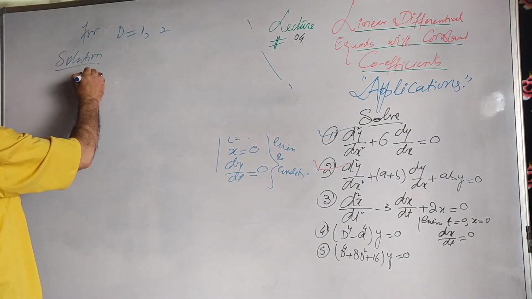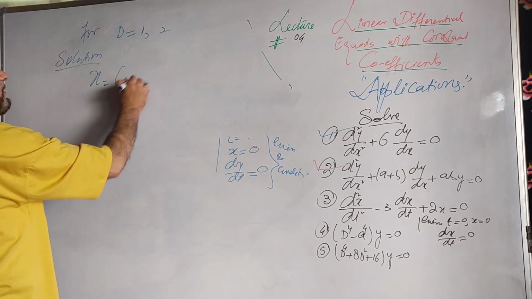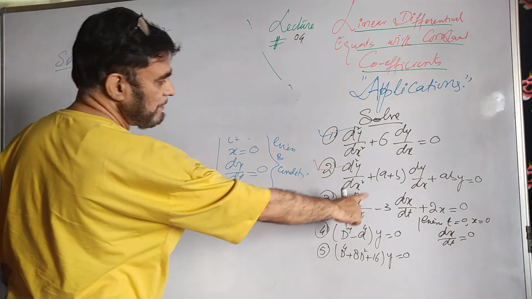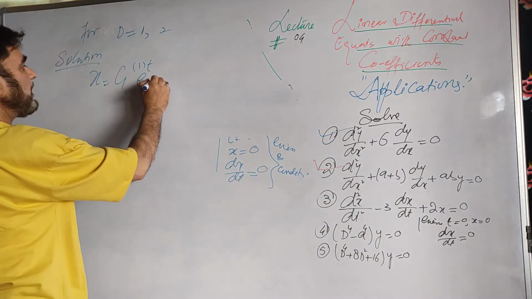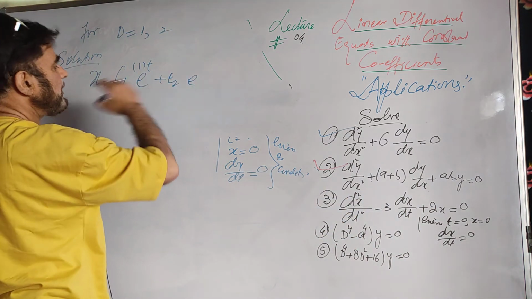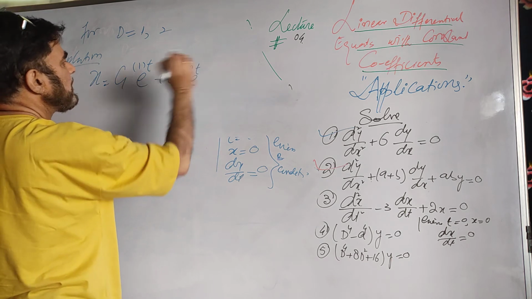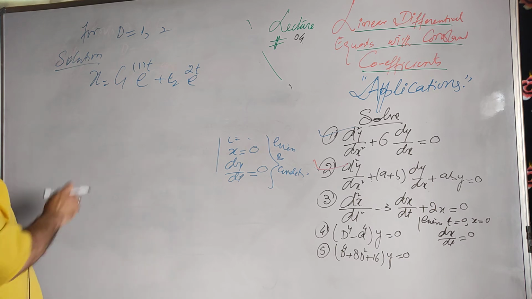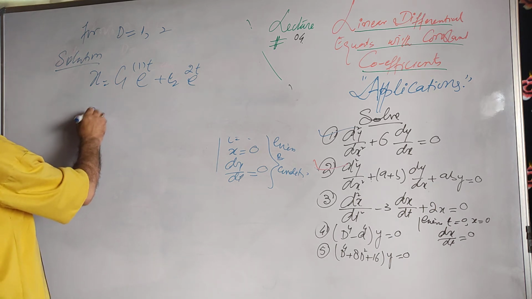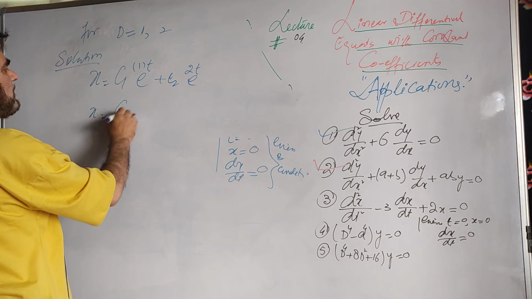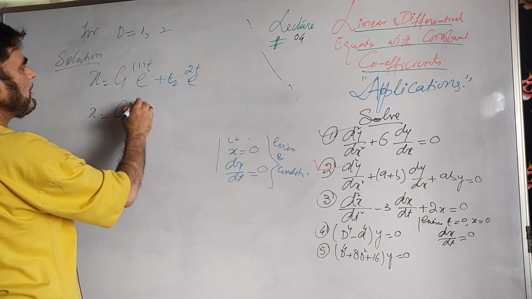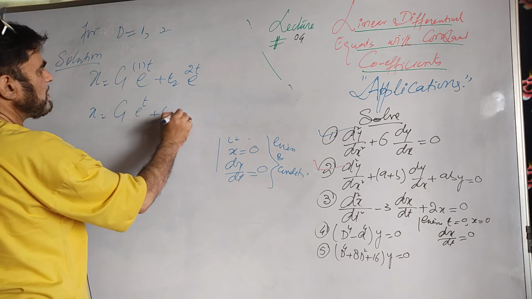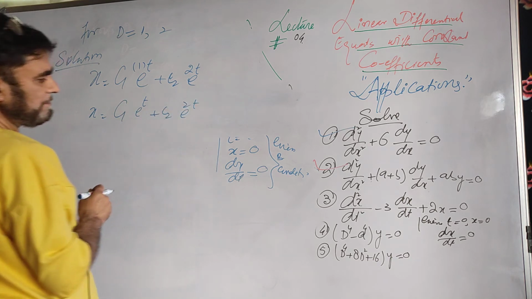So it is x = c1 e^(1·t) + c2 e^(2t), not in x, because our independent variable is t. This gives x = c1 e^t + c2 e^(2t).